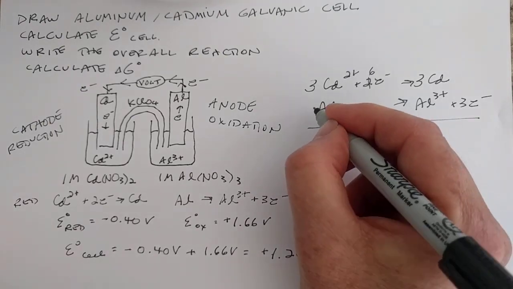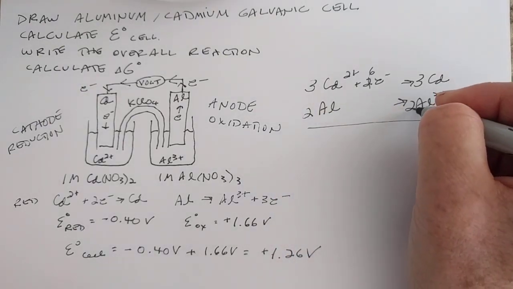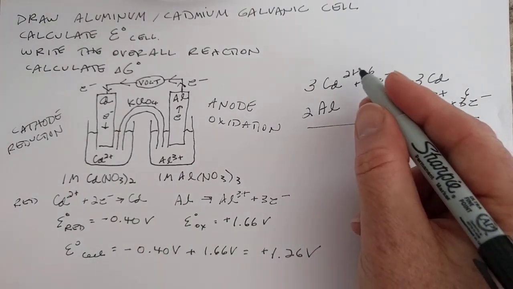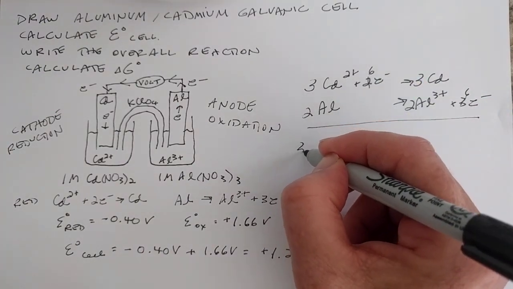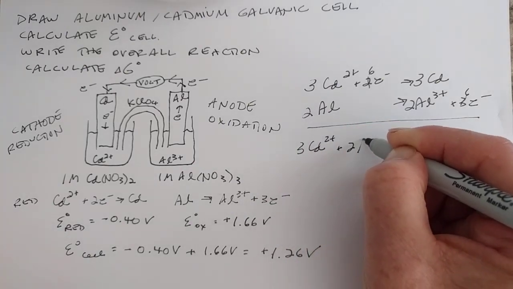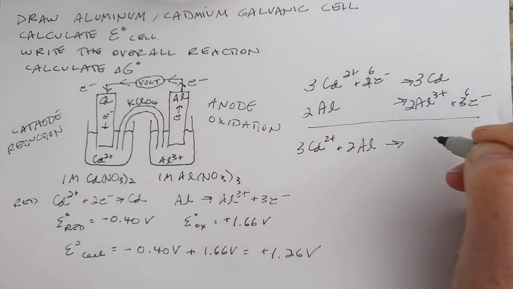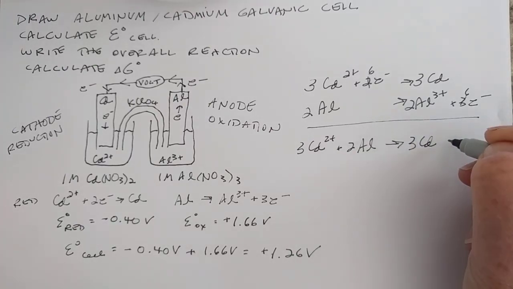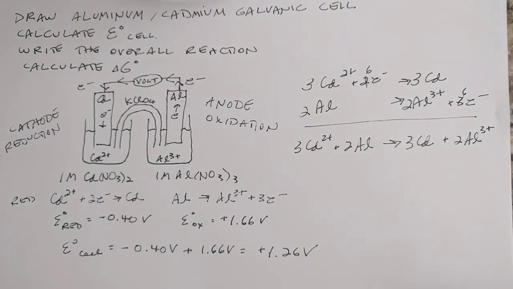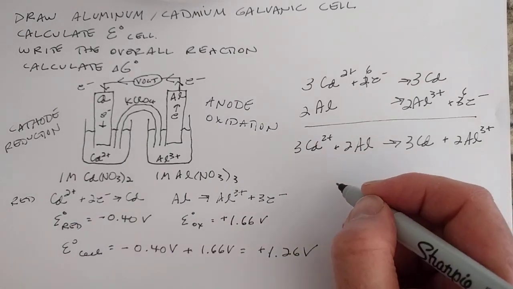Multiply this by 2, we get 2, 2, and 6. So now when we add, our electrons cancel out. So we get 3 Cd2+ plus 2 Al yields 3 Cd plus 2 Al3+. So aqueous, solid, solid, aqueous. There's our overall reaction.